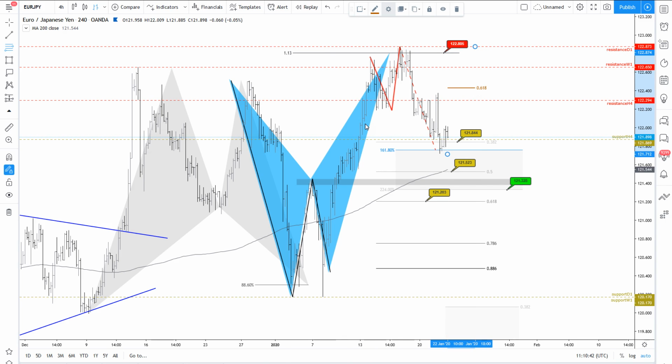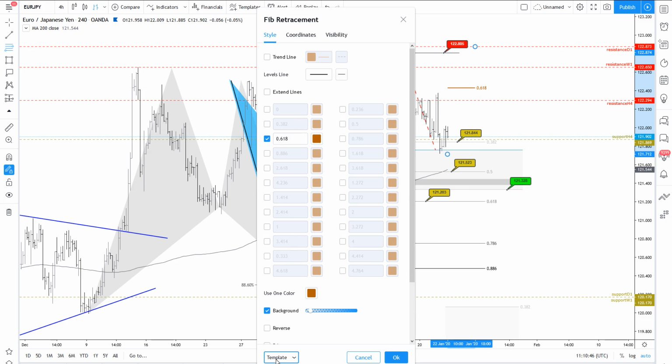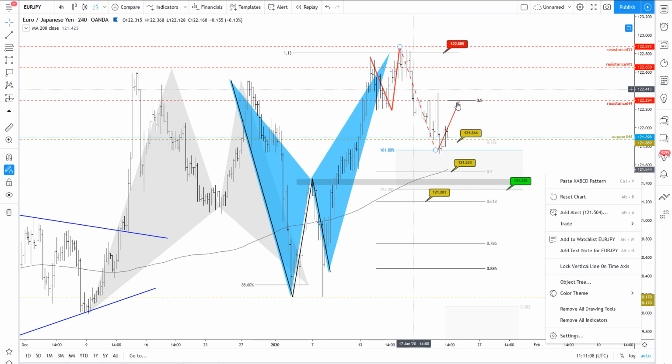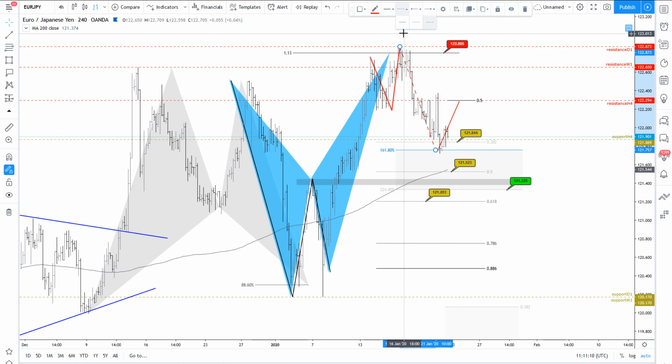Let's correct. Let's put 50% Fibonacci retracement. As you can see, nailing the previous fractal resistance. So basically this is the default expectation for the shark pattern, and that may form the bearish 5-0 sequence.